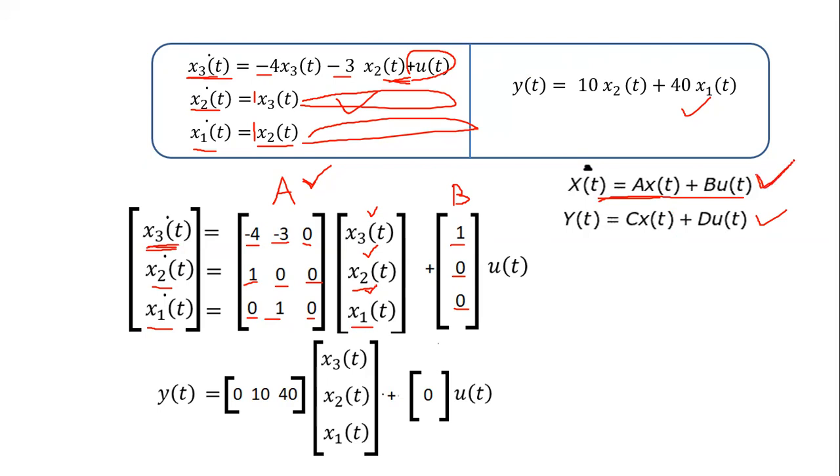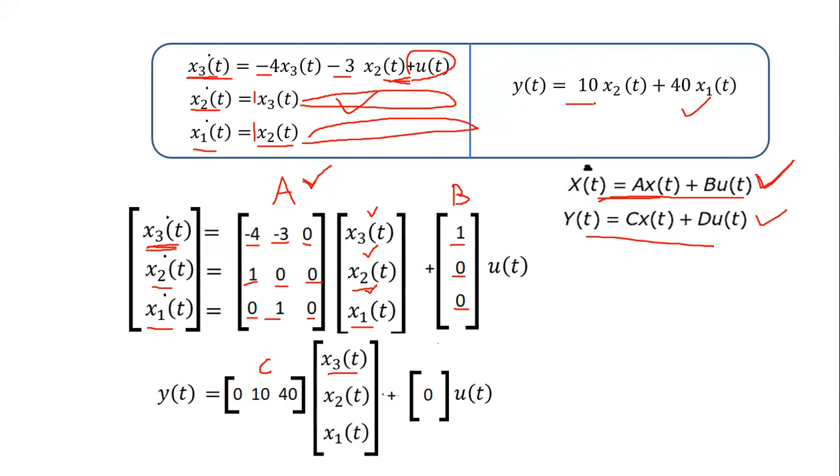And now we need to identify the output equation, that is from y of t. Already y of t is equal to 10 into x2 of t plus 40 into x1 of t. By observing this, we can develop the output equation. So y of t is equal to C into x of t, where x of t is nothing but the state variables x3 of t, x2 of t, x1 of t. First, check whether any x3 of t coefficient is there in this equation.